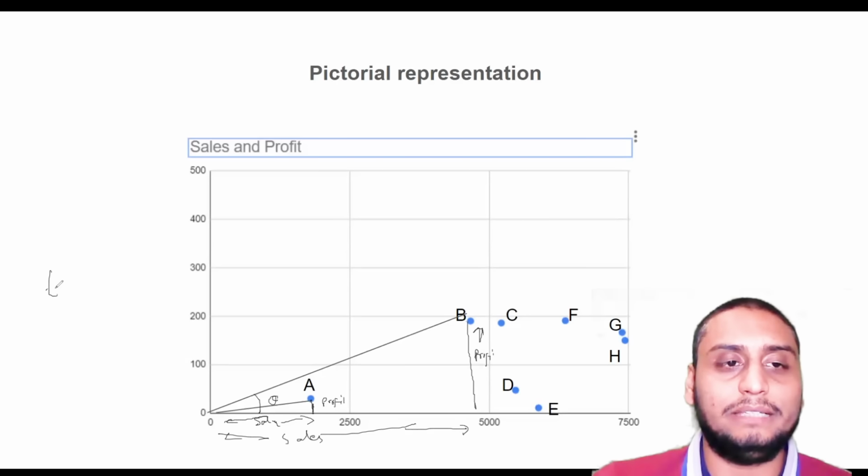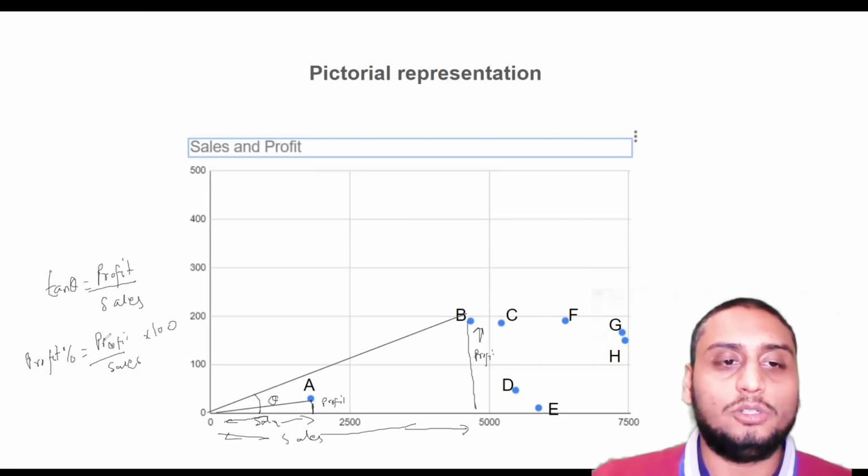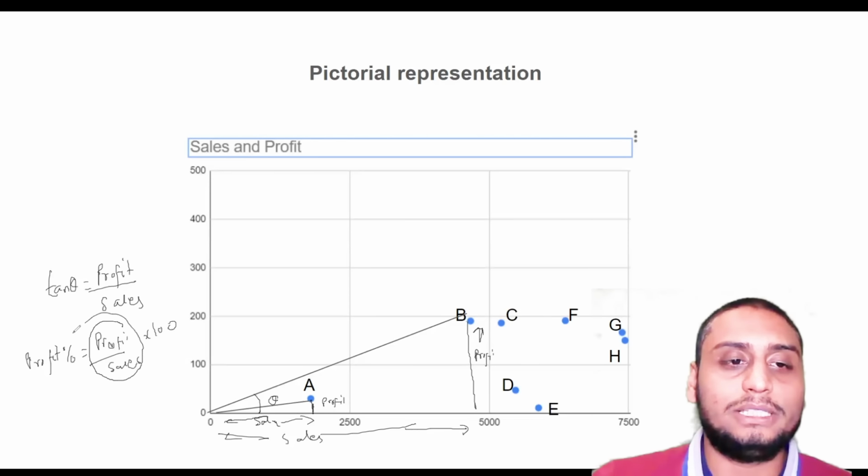If I have to write, tan theta is equal to the profit value upon the sales value, because it would be perpendicular upon base. And what is profit percent, which I told you guys to find out? It is also profit upon sales into 100. So basically profit percent is equal to tan theta into 100.